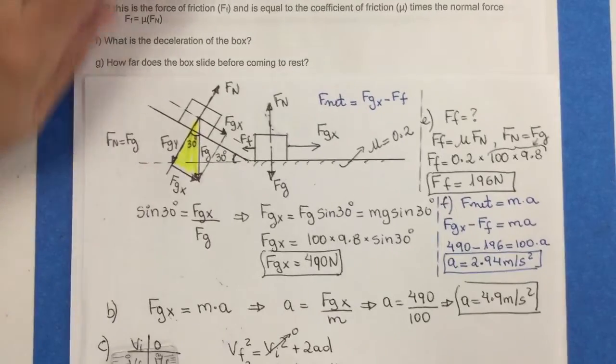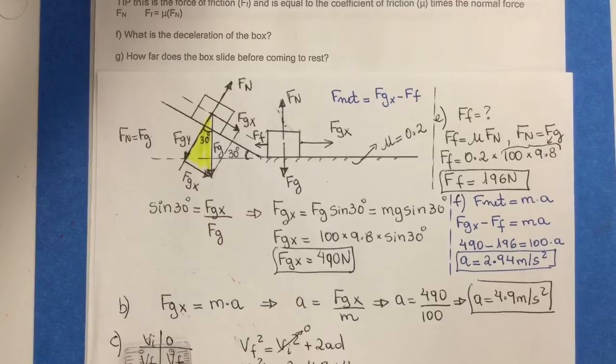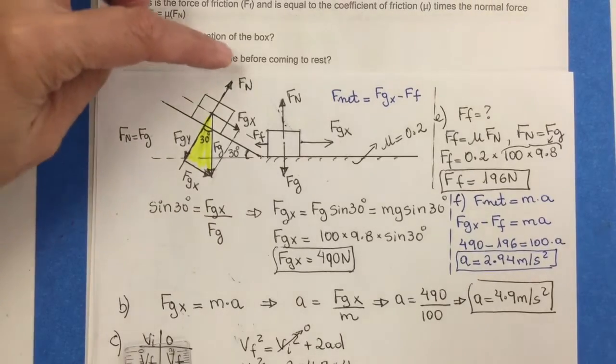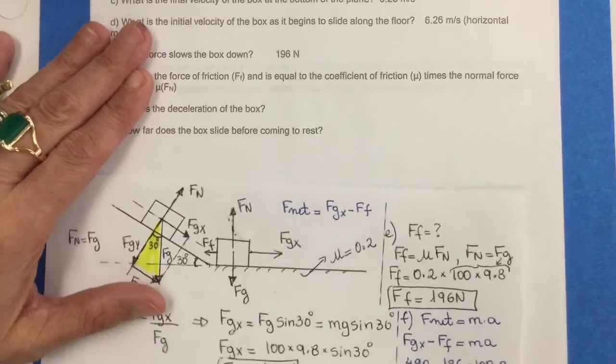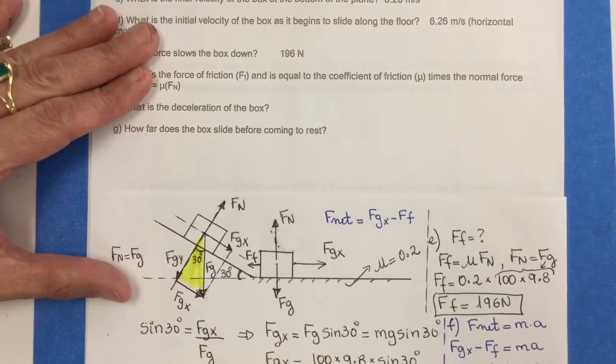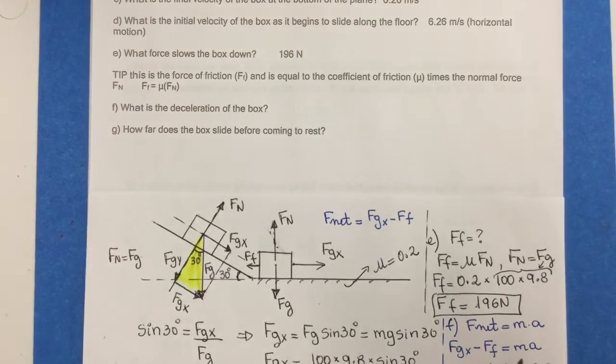Now the last one is asking how far the box slides before coming to rest. So it's asking for distance.